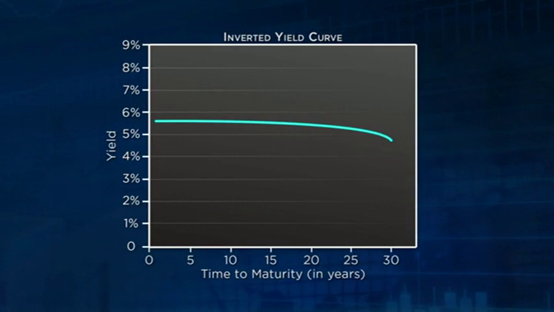Recall that periodically we've had downward sloping yield curves. That is, the yield curve is inverted. What does this mean? That means that the market expects short-term rates to decline. This is typically associated with the expectation of a future recession and very slow economic growth.